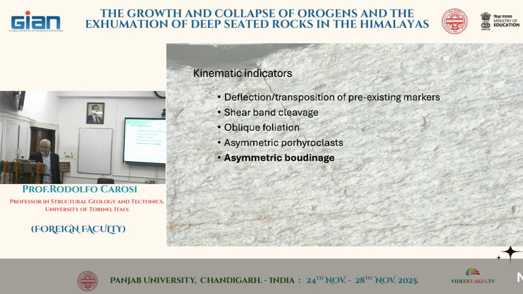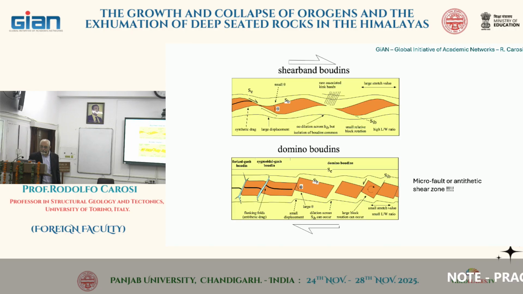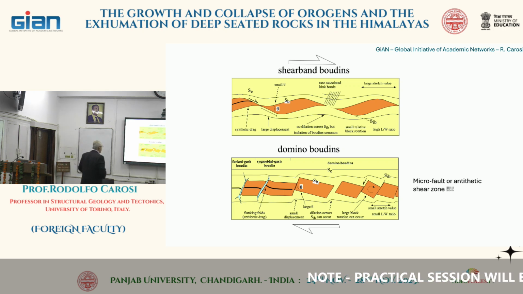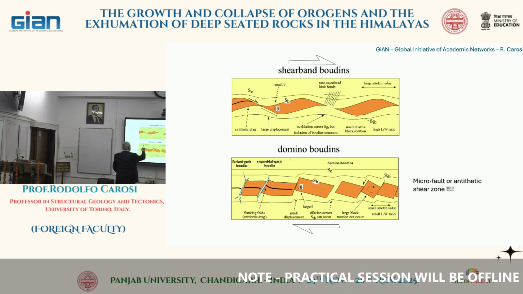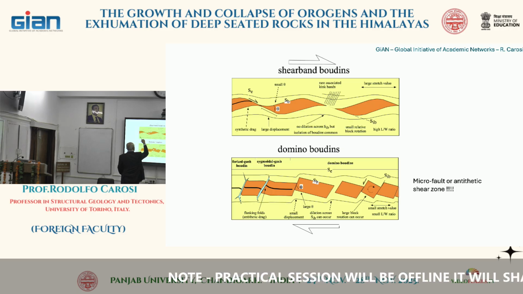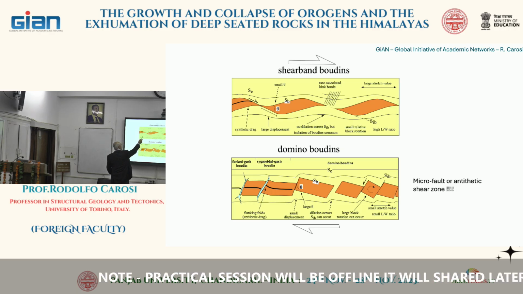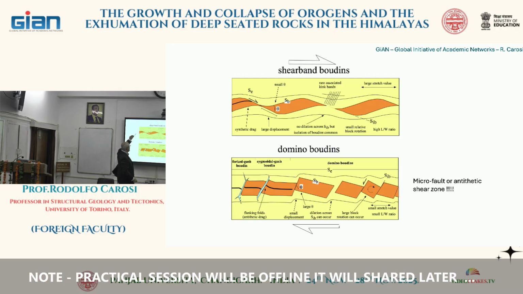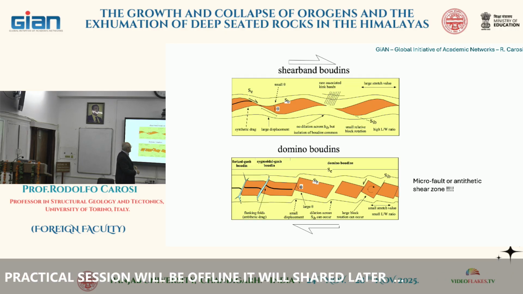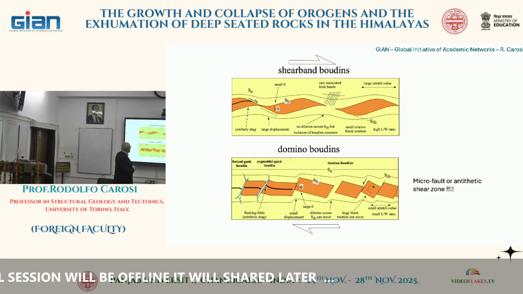Okay, the last one is asymmetric boudinage. When you have a stiff material that became deformed in a matrix, maybe leucogranite in mica schist or dolomite in pelite, you can have a different deformation.